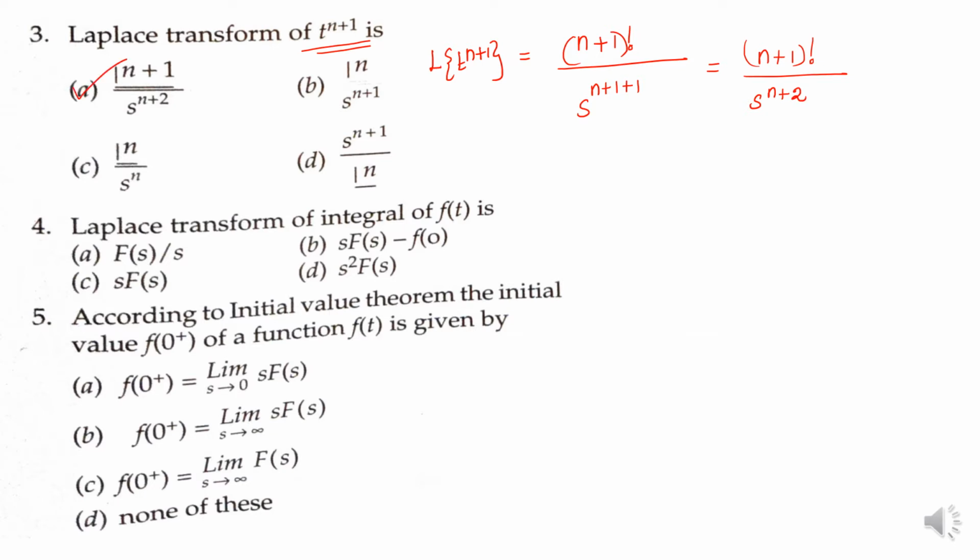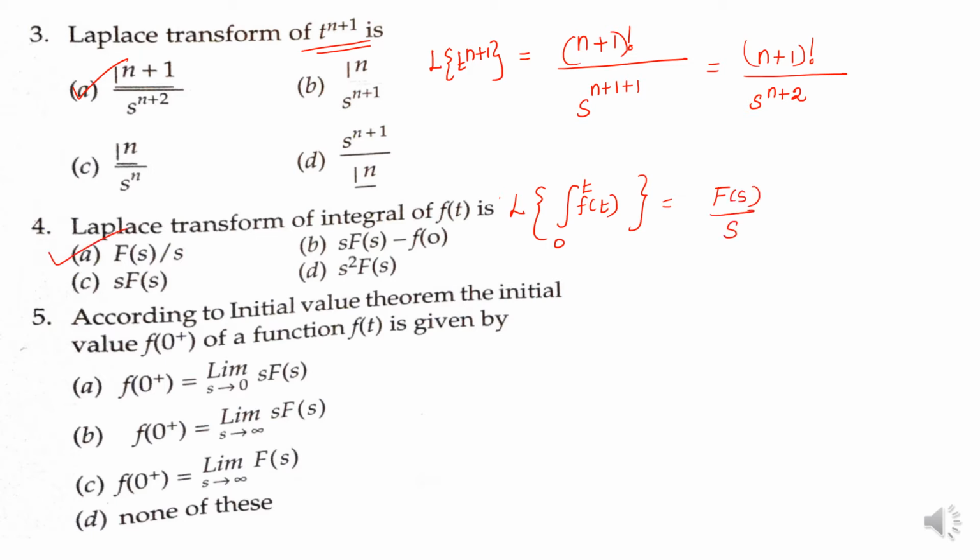Option A is the correct answer. Next problem. Laplace transform of integral of f of t, the integral of f of t from 0 to t, the Laplace transform. The answer is F of s divided by s.